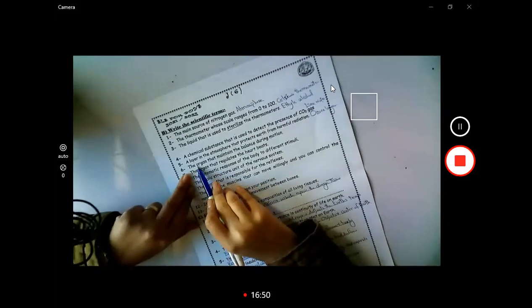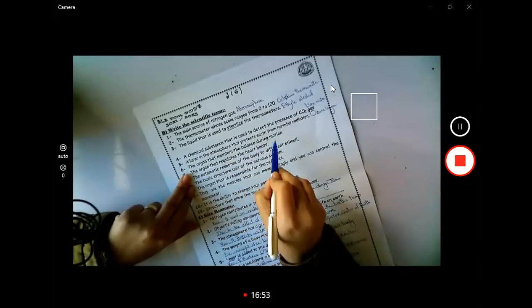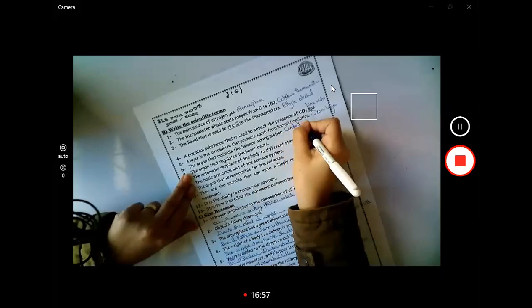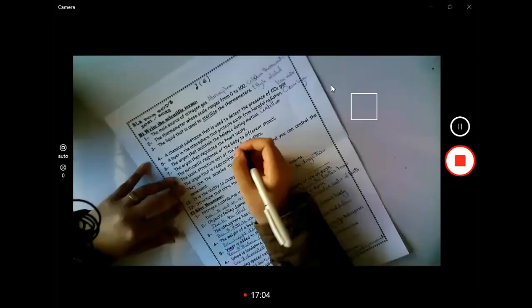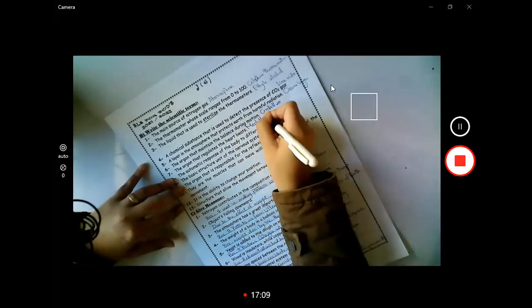Next, the organ that maintains the balance during motion: cerebellum. Organ that regulates the heartbeat: medulla oblongata.